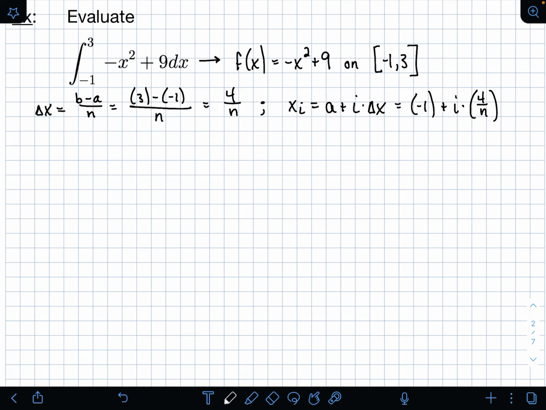Now, rather than just attempt to do the limit and the sum and the composition f of x sub I all at once, I like to break those down piecemeal. So we're going to do the f of x sub I and simplify that composition so that when we get to the sum, it's already in its simplest form.